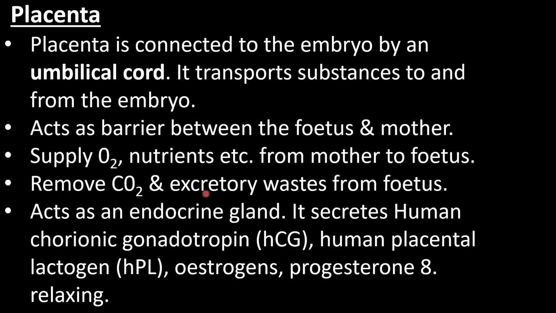It removes carbon dioxide and excretory waste from the fetus. It acts as an endocrine gland. It secretes human chorionic gonadotropin, HCG, human placental lactogen, HPL, estrogens, progesterone, and relaxin. So these are the hormones.